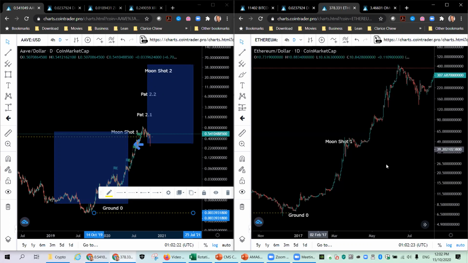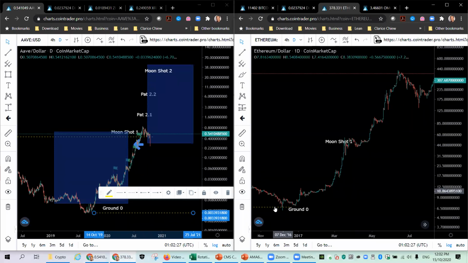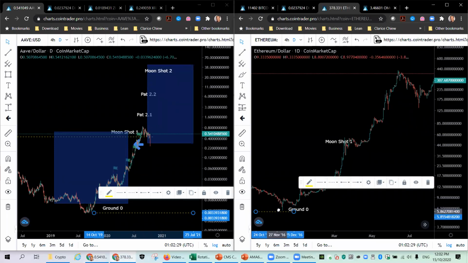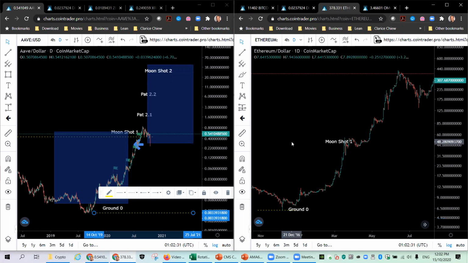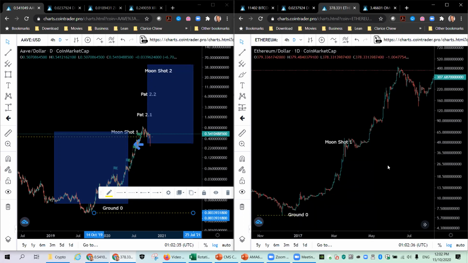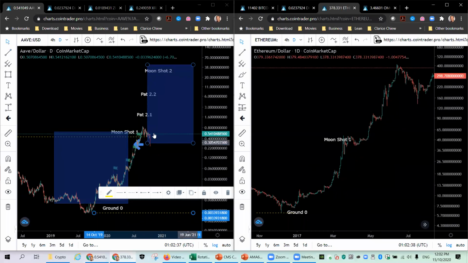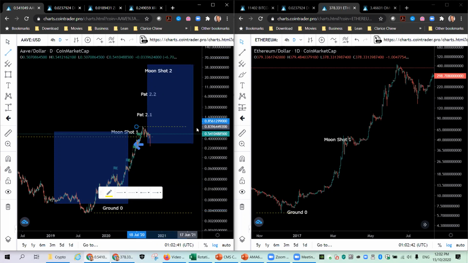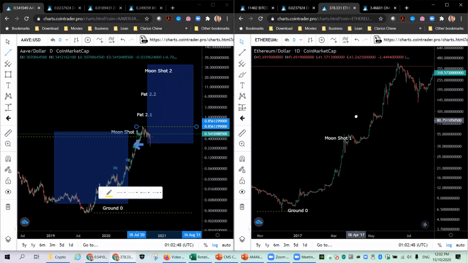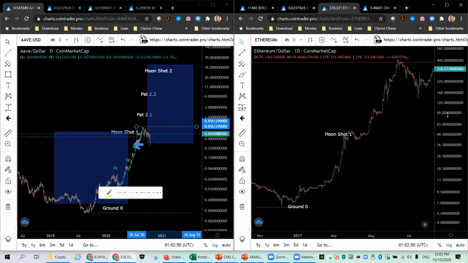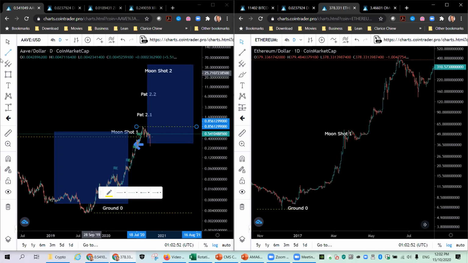So maybe we pull this up a little bit. That's close enough for lining up. And that would be the moonshot one. So we line up the moonshot one. Okay, that's right there. We need to push it up higher, just a little bit maybe.